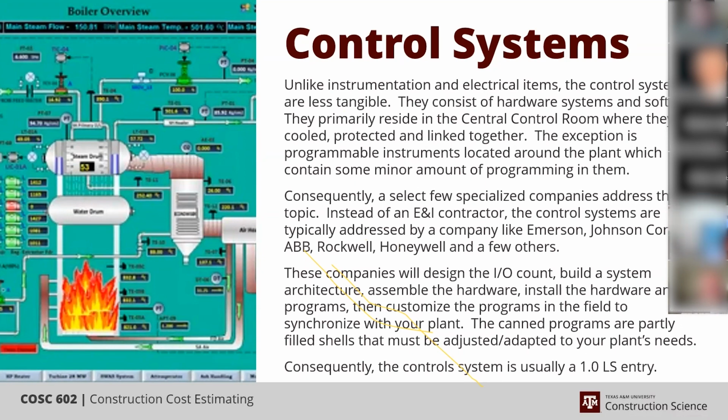Some of that they can build before they arrive to the site. The rest of it they will actually program. They'll install the hardware and finish the programming at site, specific to the job itself. And it could take 1 to 6 months to program it, depending upon how big and complicated.